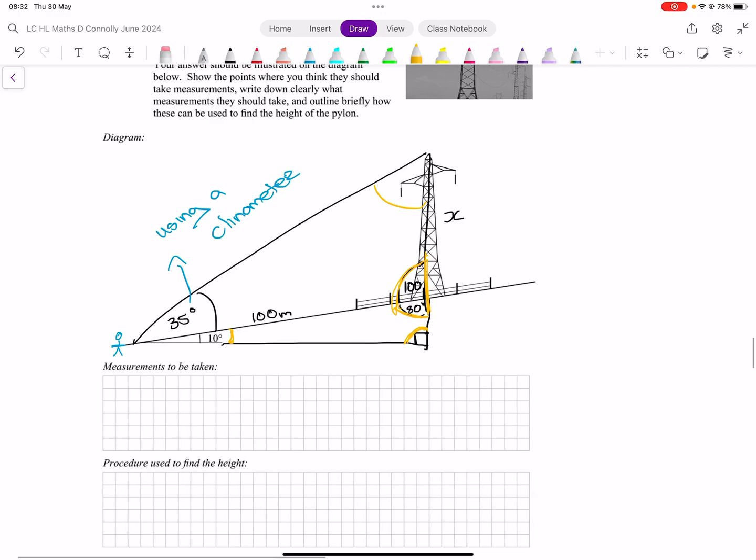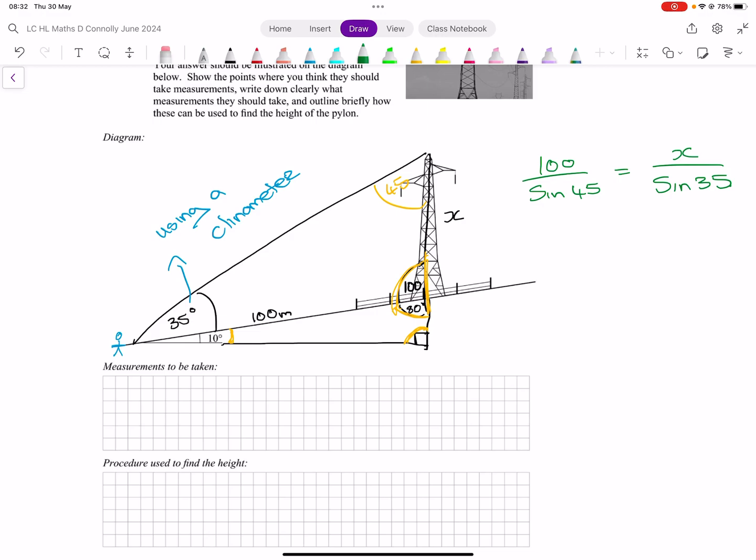Oh, that would be 45. So yeah, you have. You can do a sine rule. So you can do 100 over the sine of 45 equals x, the height of the pylon, over the sine of 35. And you can figure it out from there.